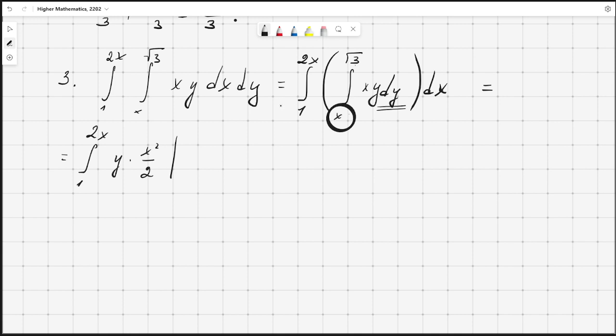It is not true. Here x and here x. Maybe it is a mistake in the condition.